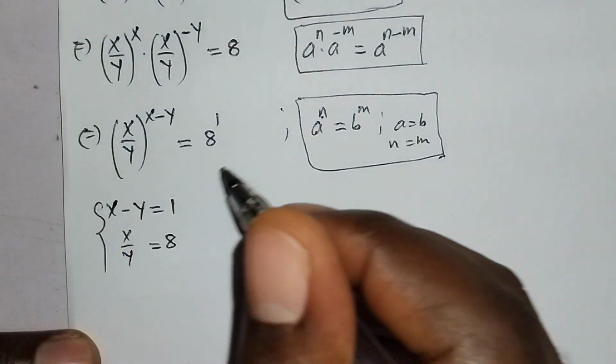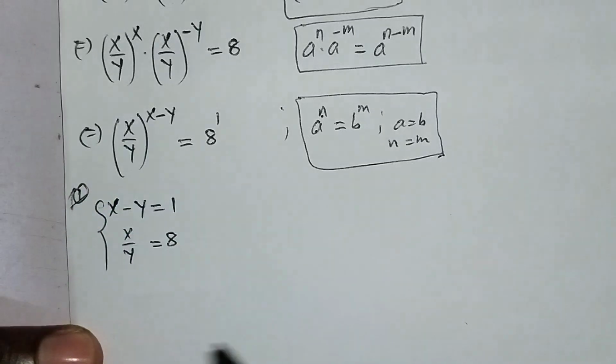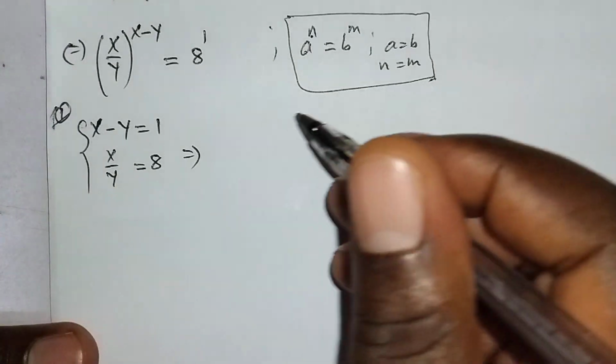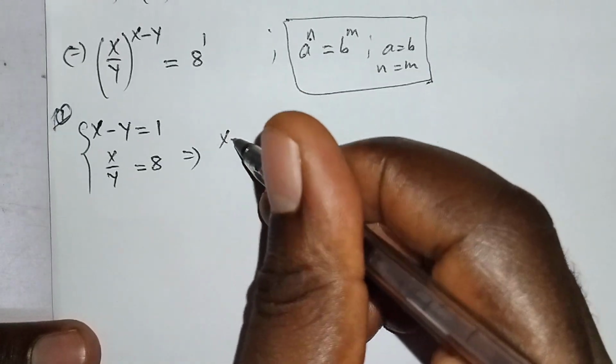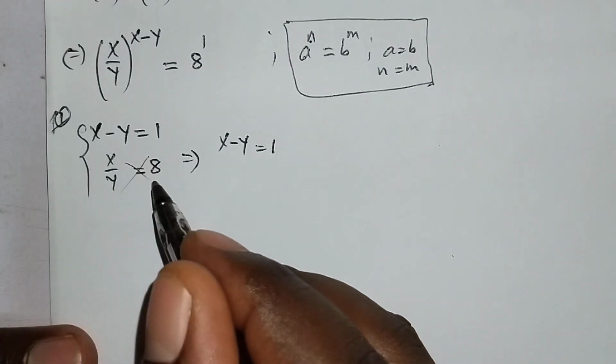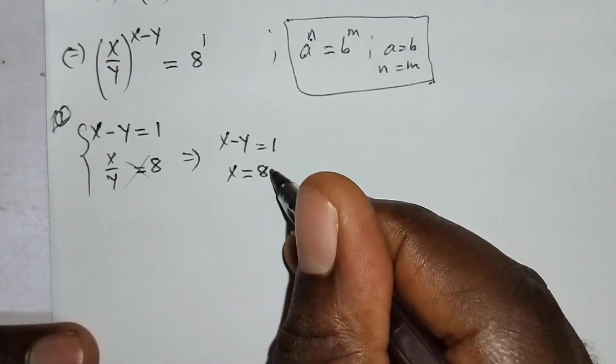This is like case 1. So from here, x minus y is equal to 1 and here we cross multiply. x is equal to 8y.